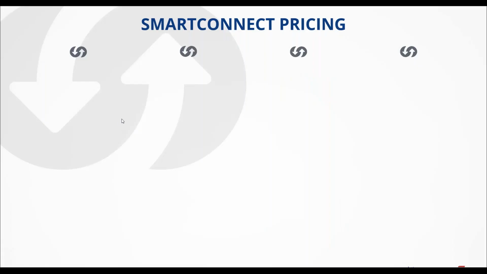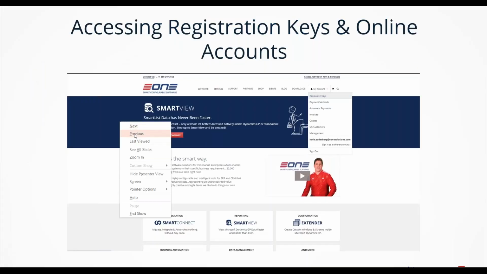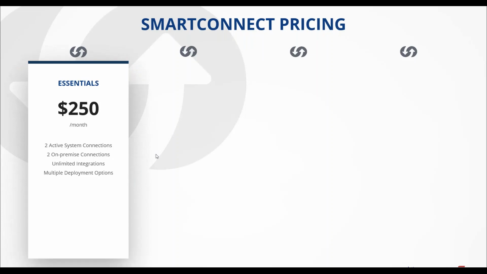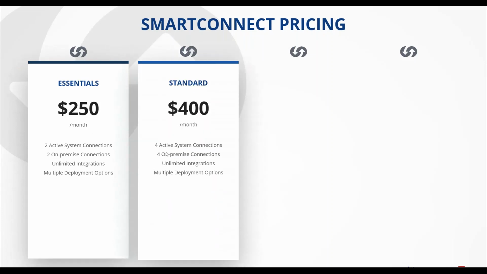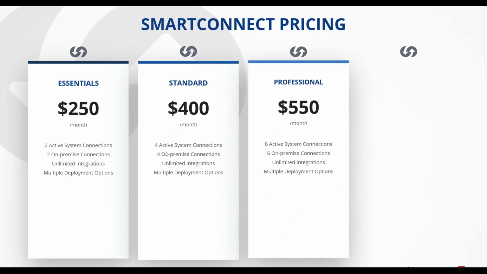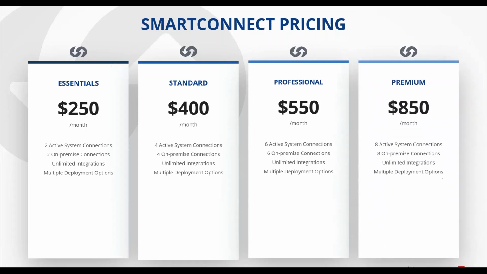Let's let that come in. Now with Smart Connect, it's really based on how many systems you want to integrate with. So if you're talking to your consultant, make sure that they understand which plan they're purchasing before you place that order. But really, that's the only thing we're tiering this on.